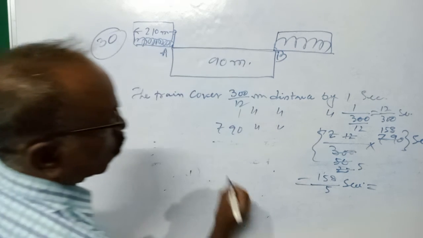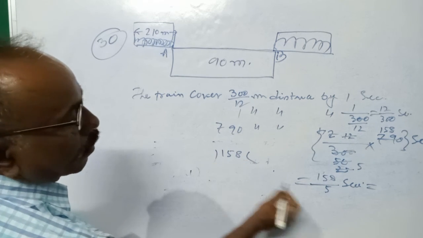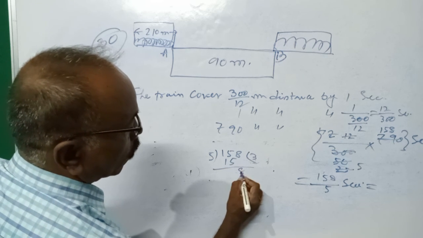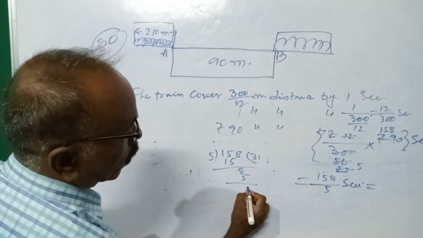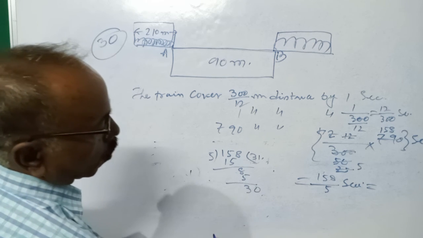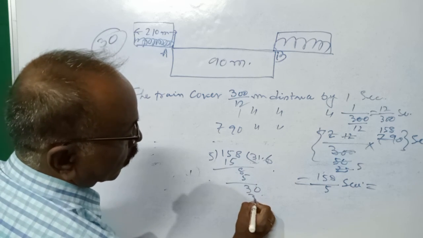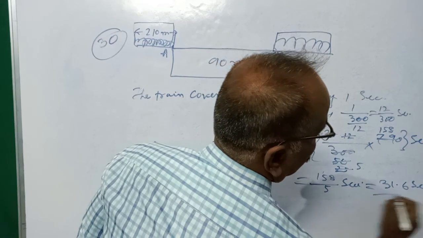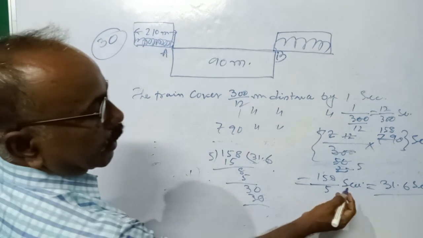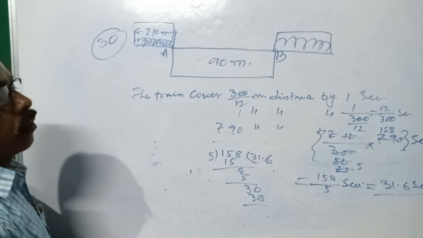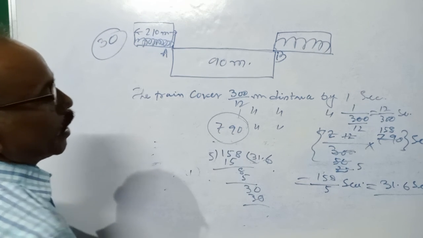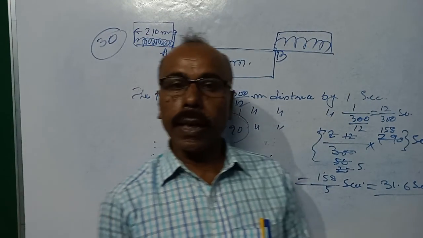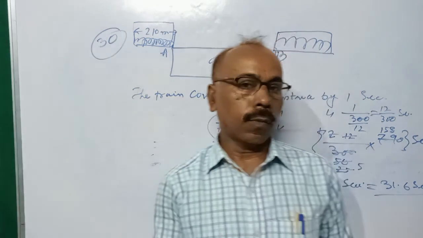Am I clear? 158 divided by 5 is 31.6 seconds. The train takes 31.6 seconds to cover the distance of 790 meter. My dear student, now I want to stop here. Next I will come to you with the next portion. Thank you.